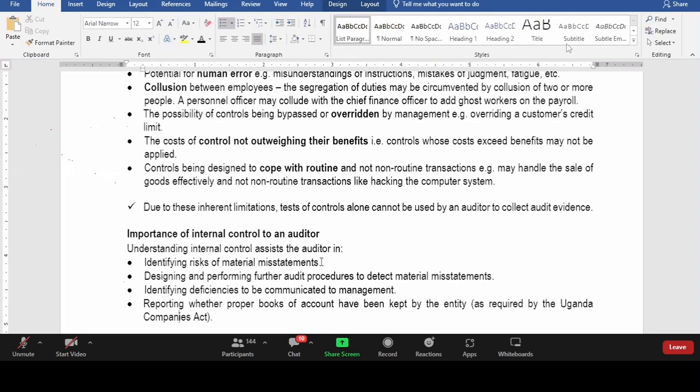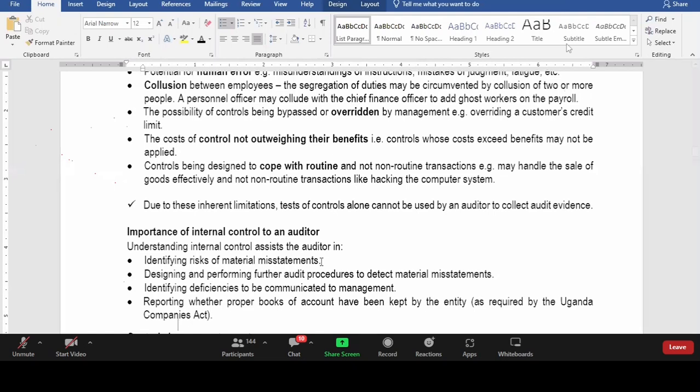So, risk assessment, designing audit programs, management letter, and then reporting on proper books of accounts. Those are the 4 aspects.